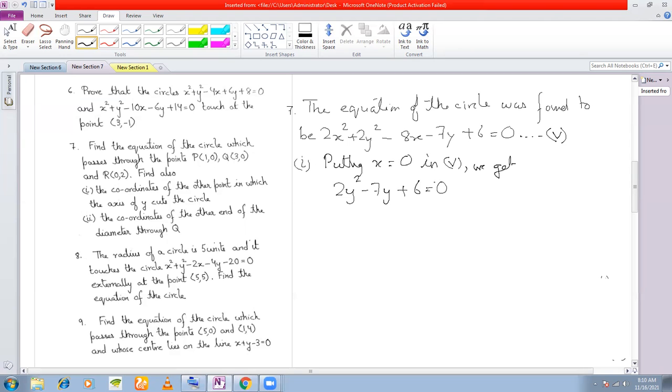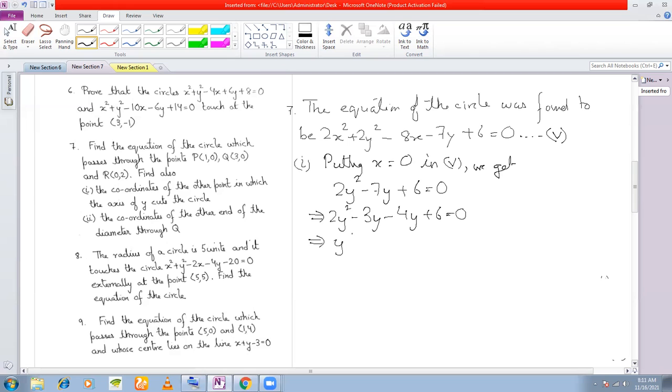If you put x is equal to 0, now we need to solve this quadratic equation to get our coordinates. So how do we factorize this equation? It's 2 into 3 minus 3 into minus 2, right? So 2y square minus 3y minus 4y plus 6 is equal to 0.